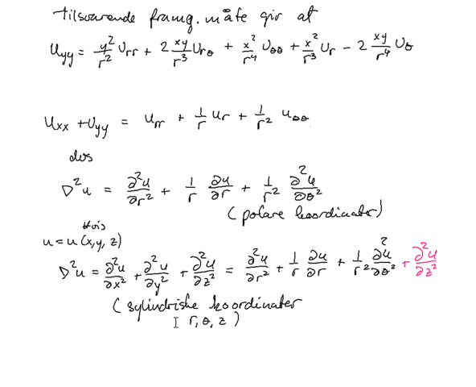And this is called cylindrical coordinates, when we have the value of u described by r, theta, and z.